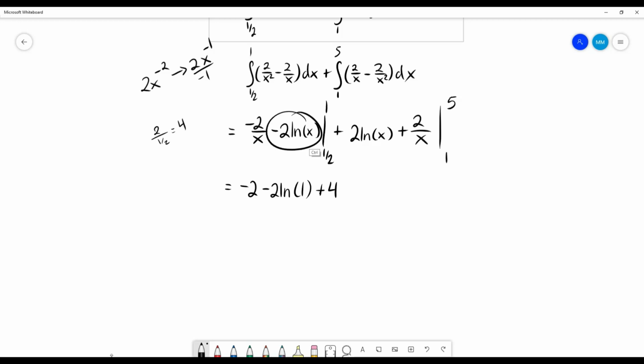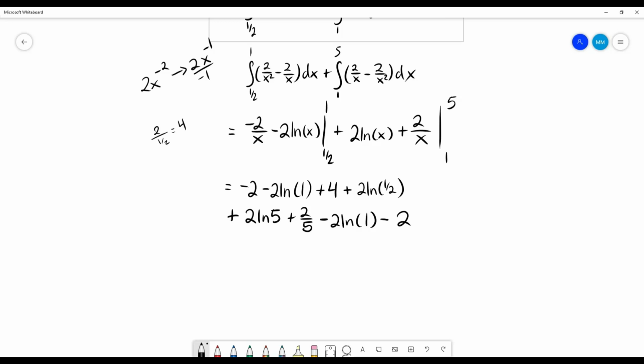And then, again, minus a negative, so it's plus 2 natural log of 1/2. And that's all for this part. Now I'm going to also add this down here, so it's going to be 2 natural log of 5 plus 2 over 5 minus 2 natural log of 1 minus 2 over 1, which is just 2.